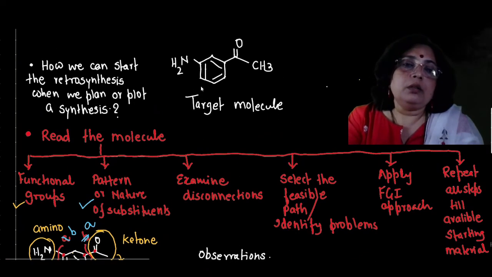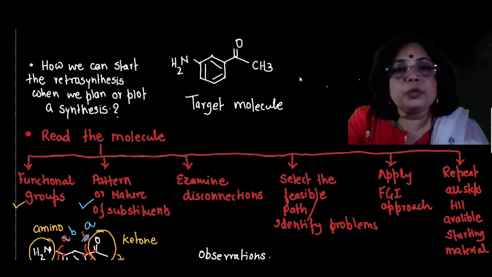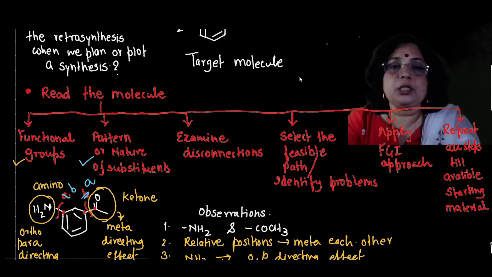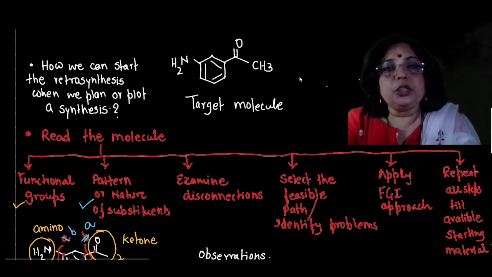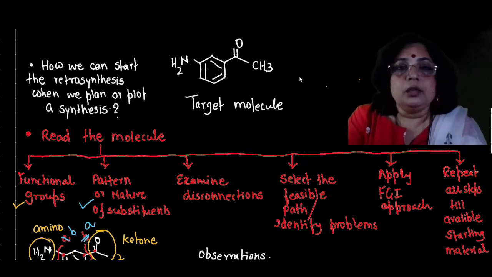When we observe the molecule, we can see that there are two functional groups. One is NH2 and another is COCH3. And what are their relative positions? They are meta to each other.